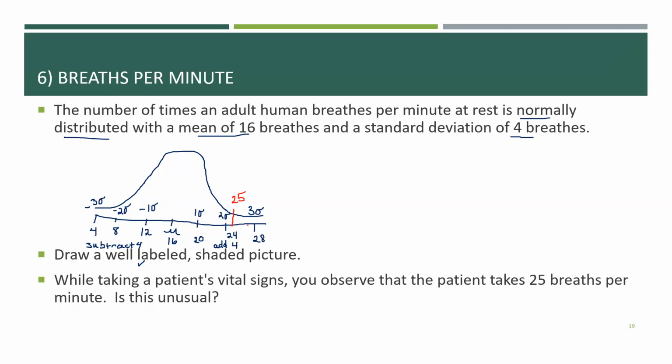And the shading is hard because it didn't ask us what percent above, what percent below, what percent between. So at this moment, I'm not going to shade. What it asks us is unusual. And so we have to think about, well, what does that mean to be usual? What does it mean to be unusual?